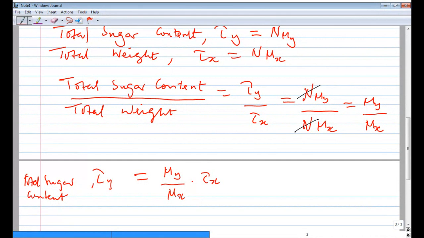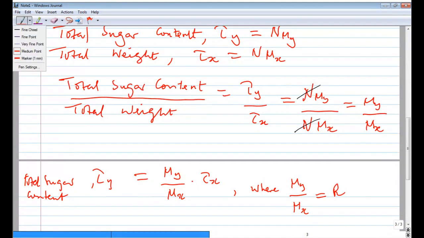Where mu y divided by mu x represents what? The population ratio. And the population ratio is abbreviated as R. So that is the population ratio.